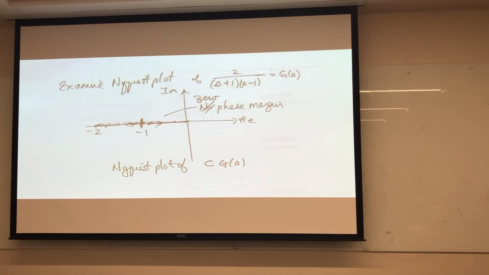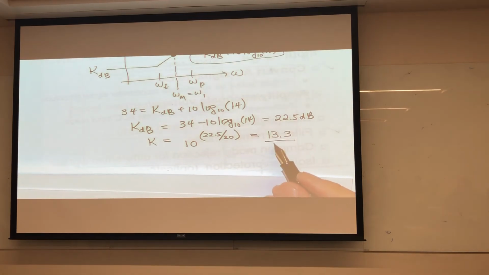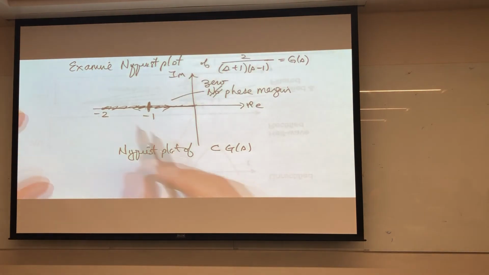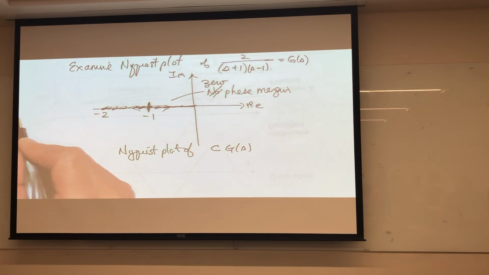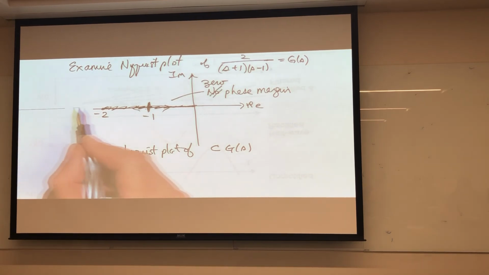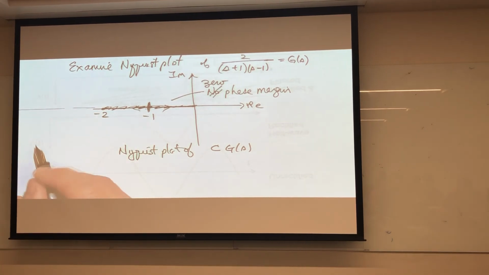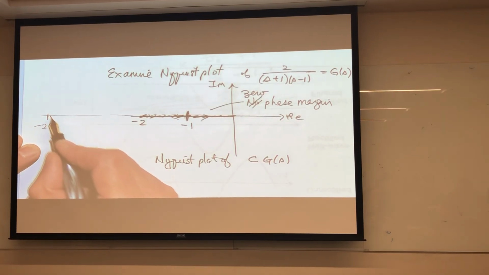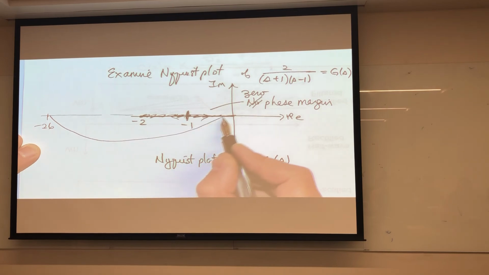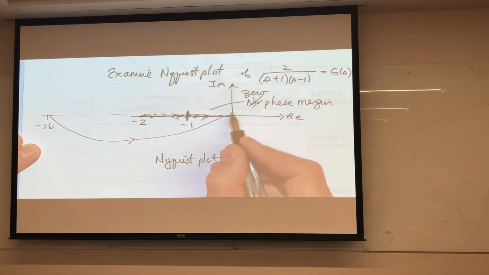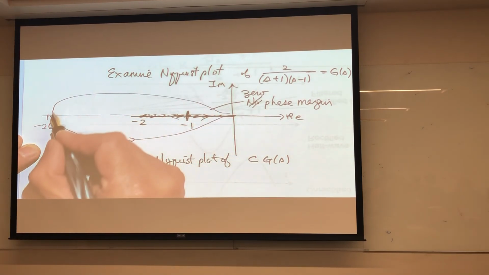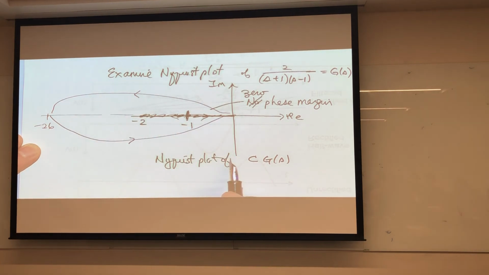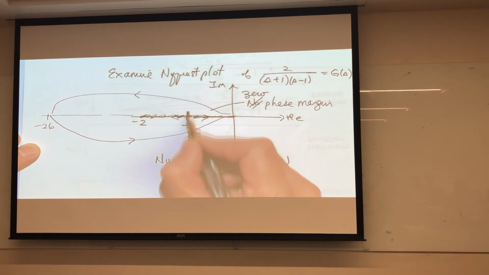I'm going to add a gain of 13, so it's going to be a lot bigger than this. It's going to start way out here, probably about 2 times 13. This is going to be about minus 26. But because there's phase lead, there's anticipation. The response is going to look something like this. And then the negative frequencies are going to look something like this. And minus 1 is going to be here.